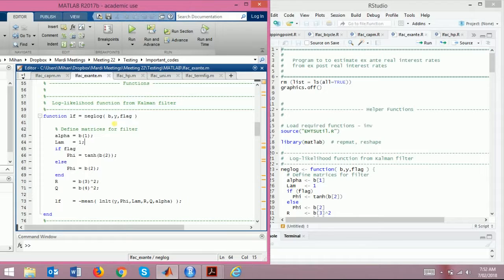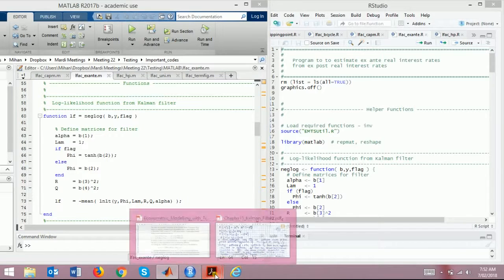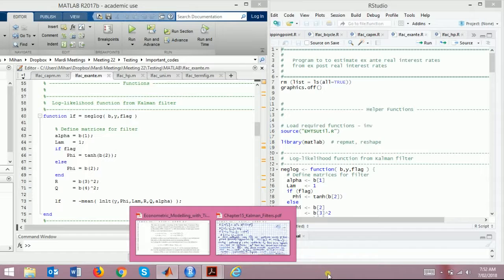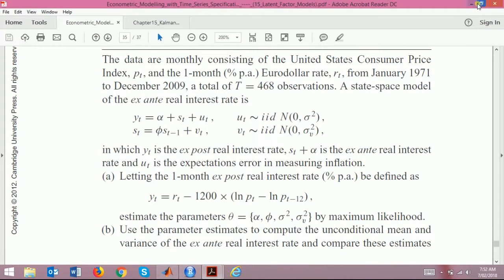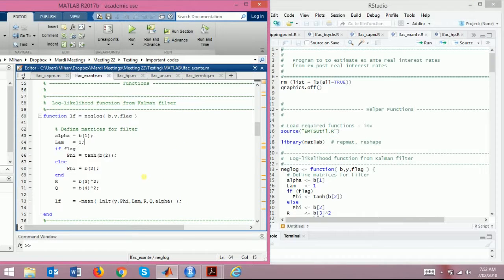So the function is alpha, phi, sigma square v. Alpha and phi, because alpha is more important this time, not lambda. We are not doing lambda. B, all the parameters, y, and then flag. Alpha is equal to b1, lambda is 1.